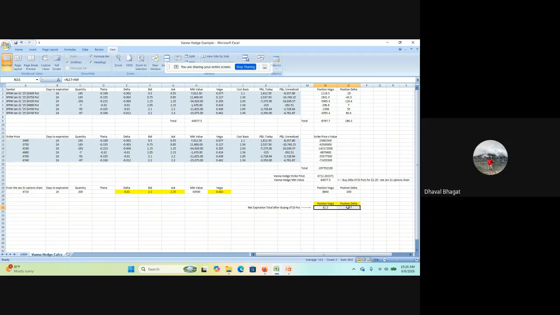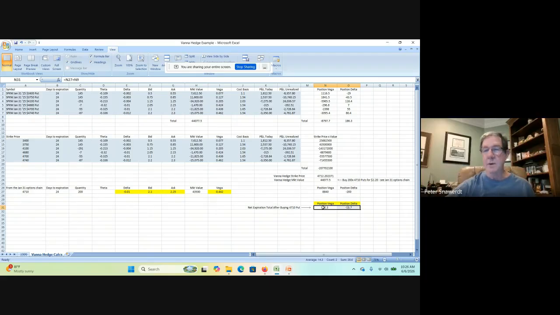The only way I can reduce these values further is if I simply eliminated all of these positions. Then my position vega for this expiration and my position delta would be 0 for both if I had no positions. That's what liquidation does. It means that you don't have any vega or delta for those.